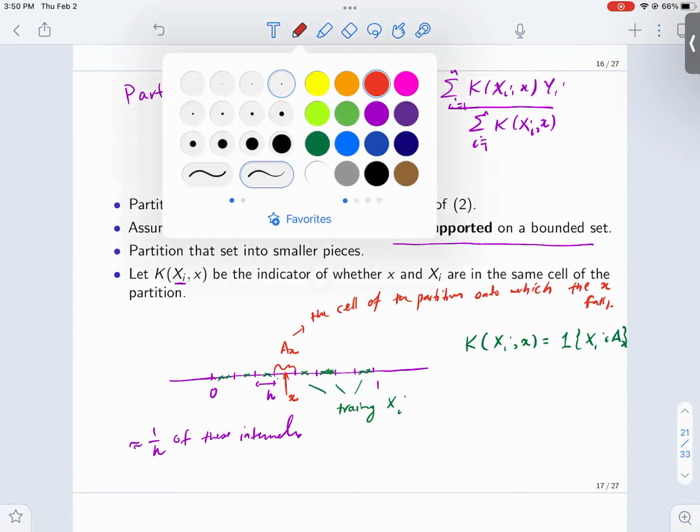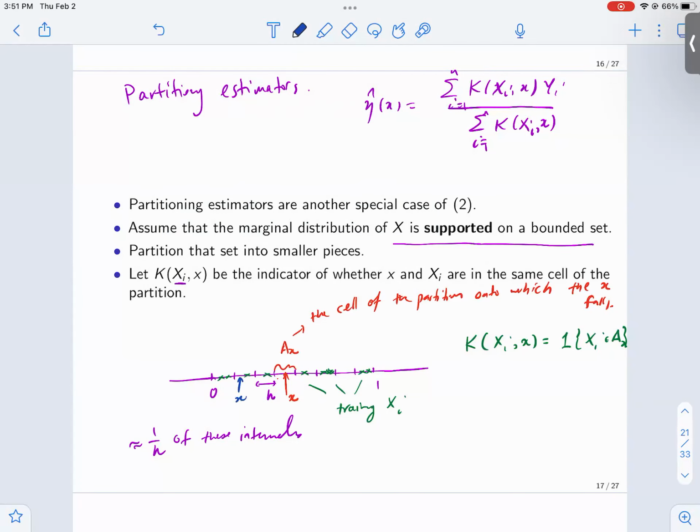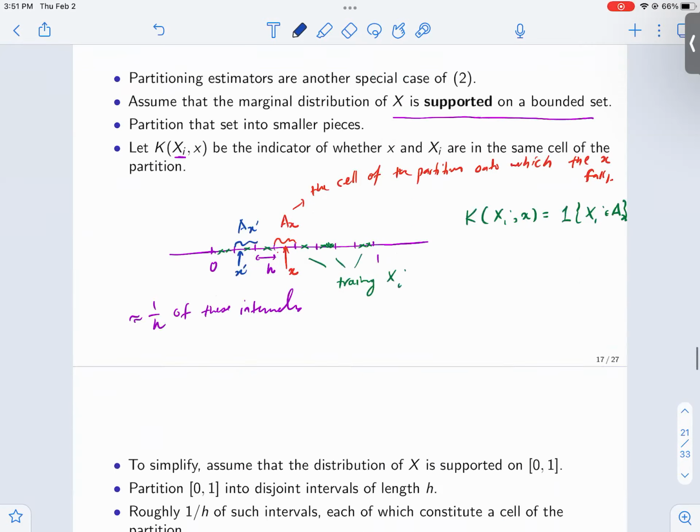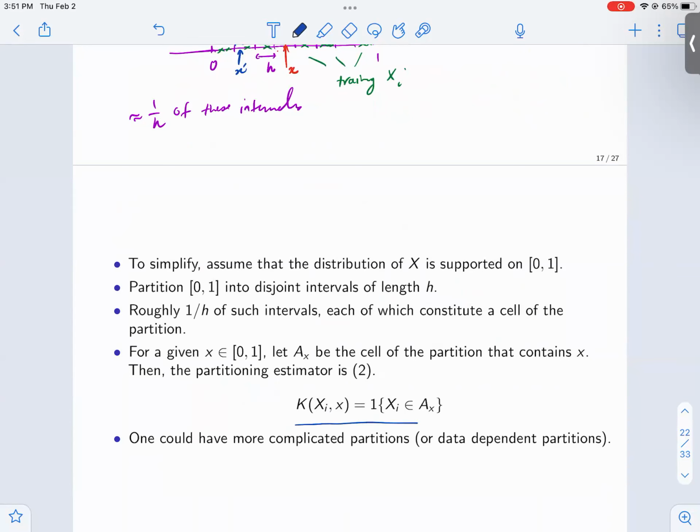If I have another one, like this x prime, this would be A(x prime). I look at x, and any x_i that's in the same cell will have similarity 1, otherwise 0. If you plug that in there, that would give you the partitioning estimator. So that's the partitioning estimator.